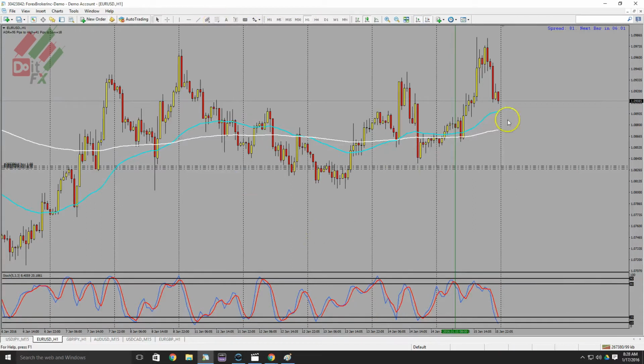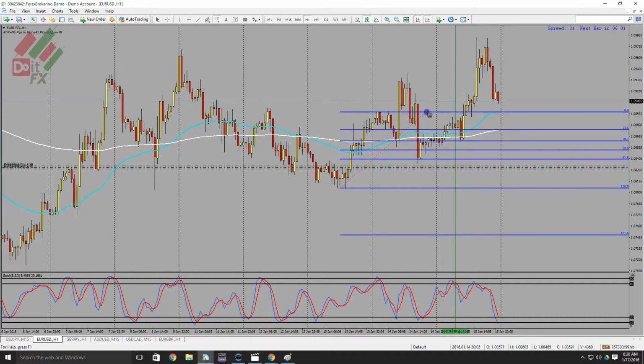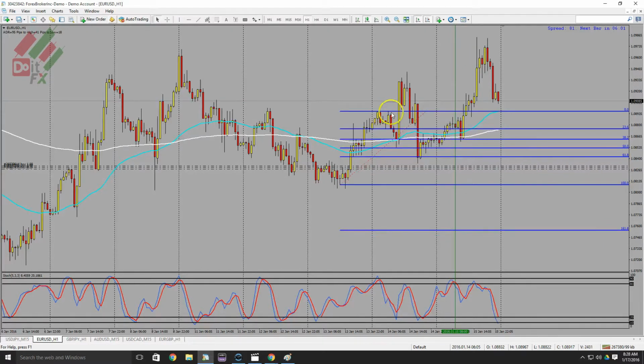So this one was an uptrend. When there's an uptrend, you guys know that you have to get the lowest point and you need to get the highest point, which at the time was here.